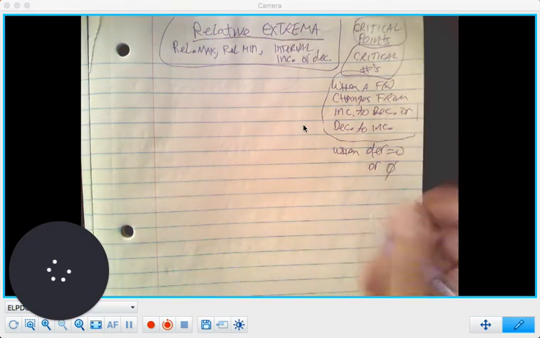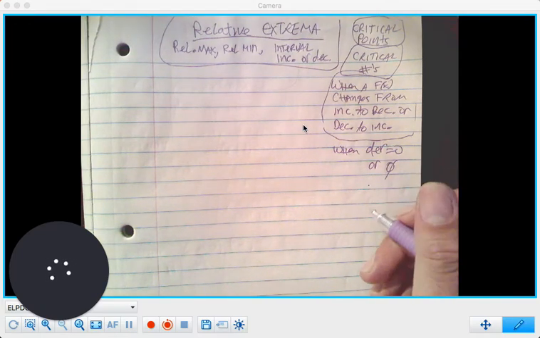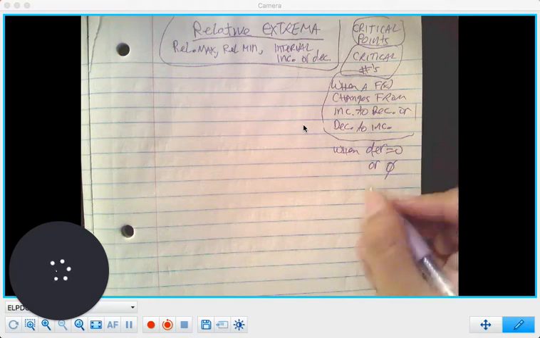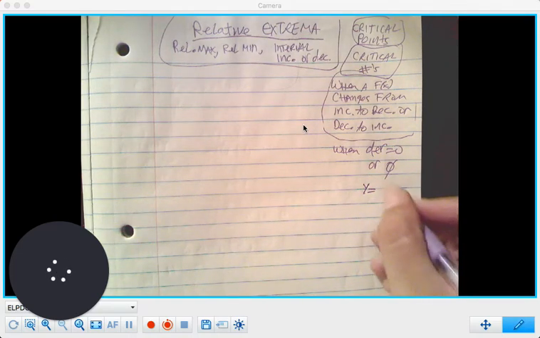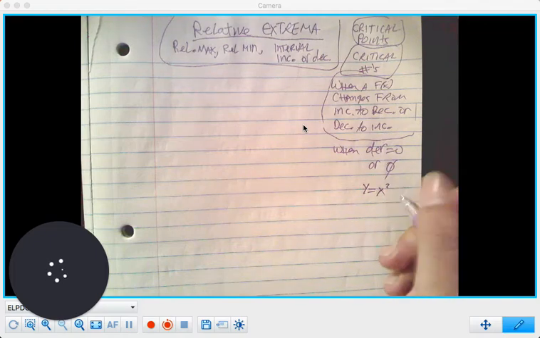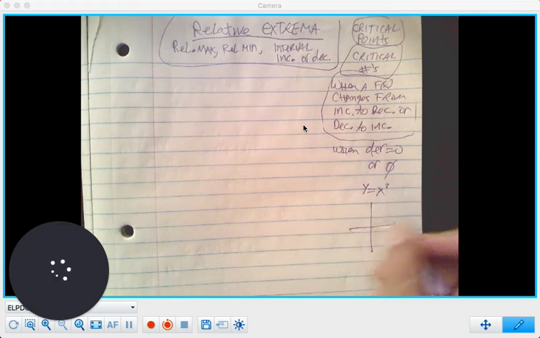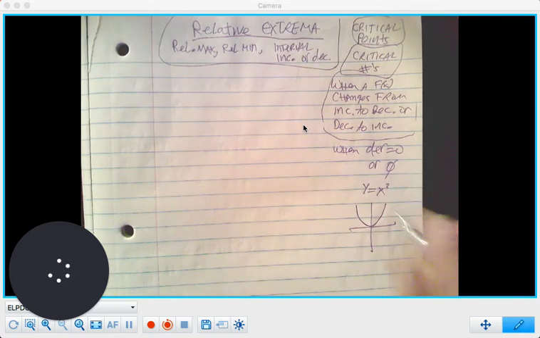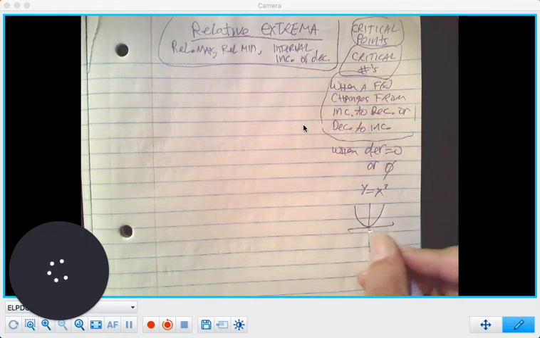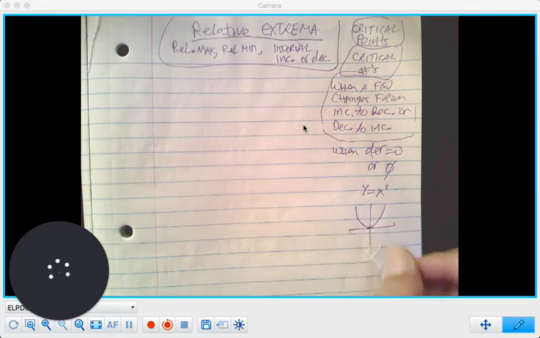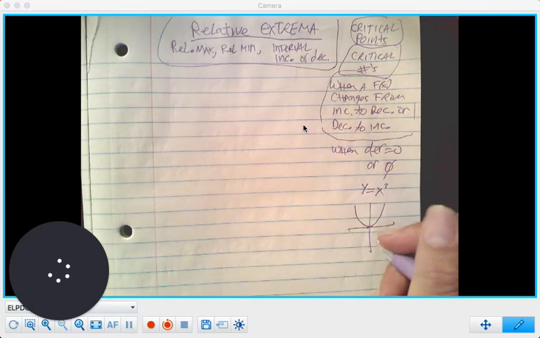Let me give you an example. If you remember from your Algebra 1, Algebra 2 or IM3 class, you learned the graphs of the parent functions. So y equals x squared looks like this. If you look at this, the minimum point is right here.